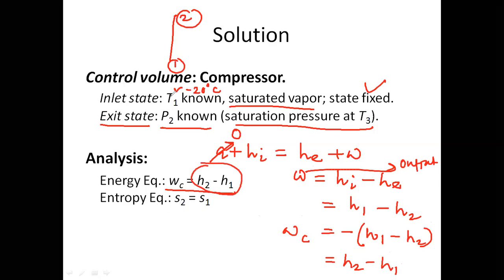We know that this is an isentropic process, therefore S2 equals S1, that I have already told. So for state 2, pressure is known and entropy value S2 is known. Therefore, state 2 is also known. P2 and S2 are known.